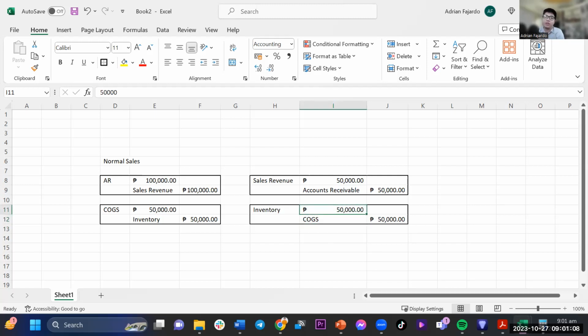Magkano tong inventory in COGS na to? Kindly type in the chat what your guess would be. So, kung half yung sinole, how much yung inventory, what's this monetary amount? Is it still 50,000? Yeah. Kindly type in the chat kung ano yun.